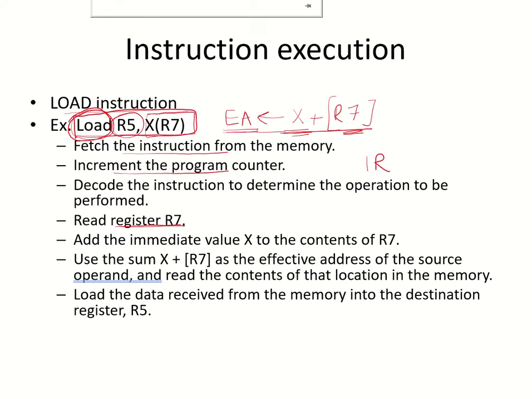Using this address, it will be placed on the address bus and now this new memory location will be accessed. The data at this memory location will be brought through the data bus into the memory data register in the processor and this data will be written in the destination register R5.